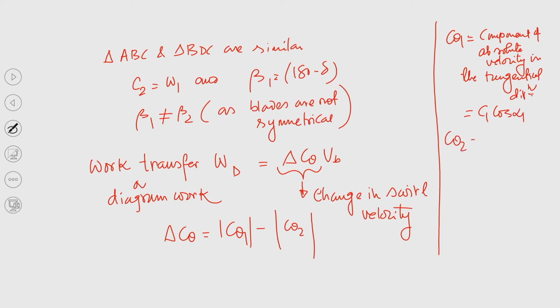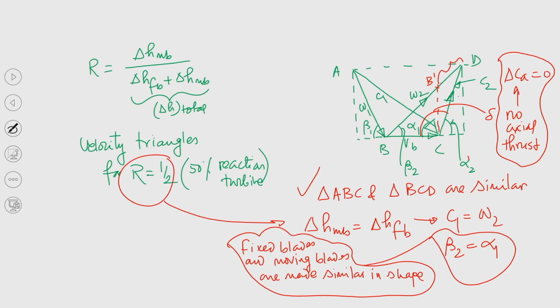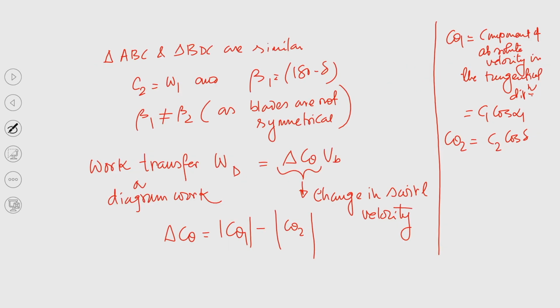Similarly, C theta 2 will be equal to C 2 cos delta, right. So, this is alpha 2, nothing but 180 minus delta. I will write it cos alpha 2.